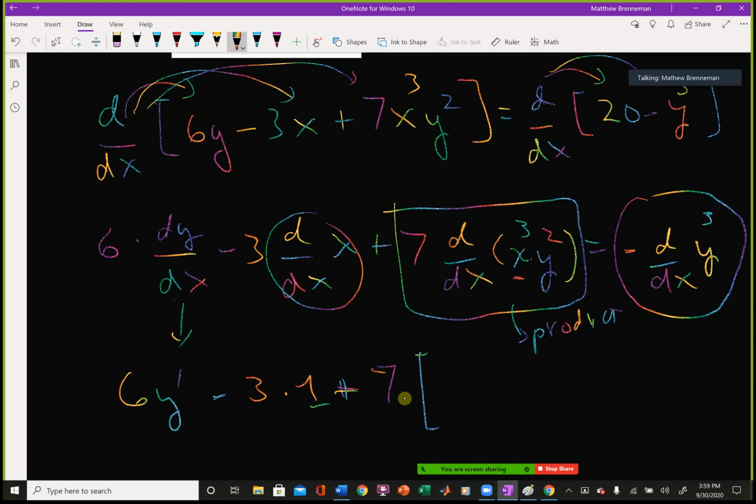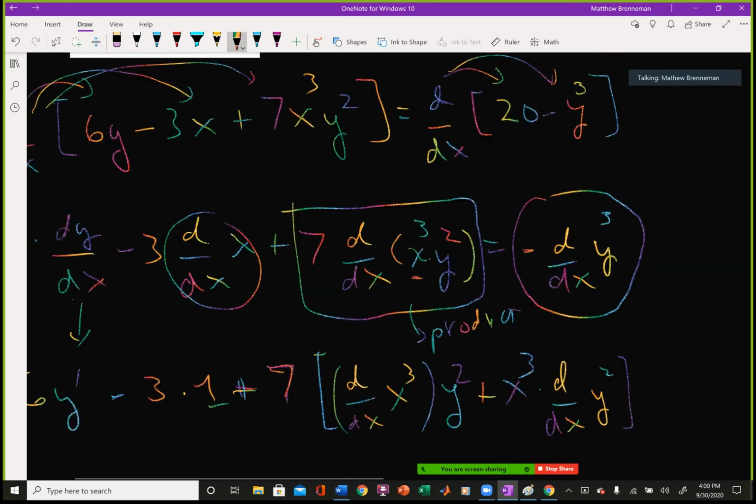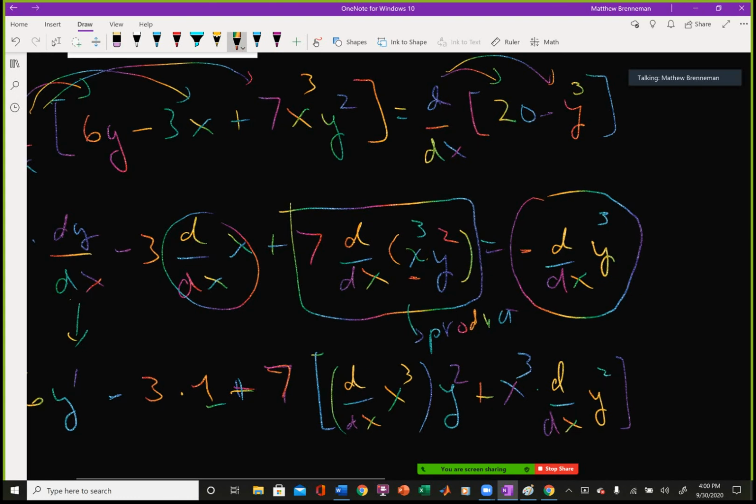The product rule tells me it's the derivative of the first factor times the second function, which I leave alone, plus x cubed times the derivative of the second function. And here, I'm going to use implicit differentiation on the right-hand side. I'm going to take the derivative with respect to y. So if I take the derivative of y cubed with respect to y, what do I get?